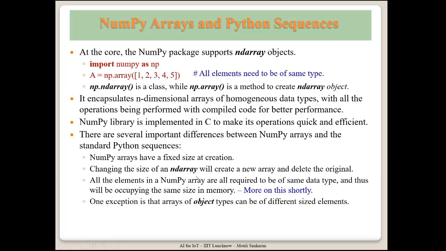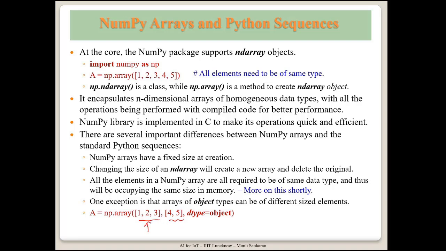And though NumPy arrays are all of the same size and they need to be of the same data type, that is correct. But one exception to this is object types. They can be of different sized elements. So if you have an array, now when I say same size, see here 3 elements are there. I have only 2 elements here.